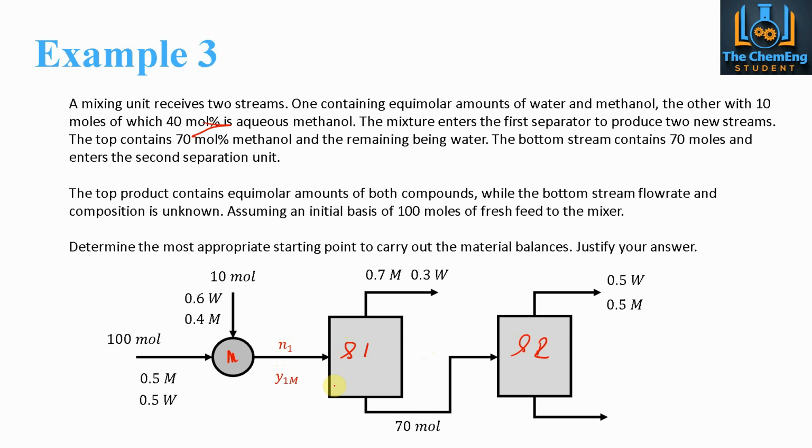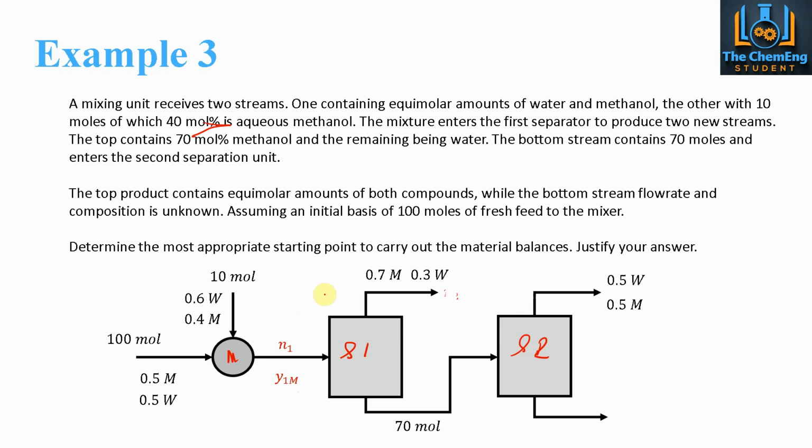Now what we'll do is we'll use a basis of methanol, because we know that for water it would just be 1 minus this. So we'll keep things simple and do it just in terms of the methanol. So what we have here is Y1M, the subscript 1 meaning stream 1 and M standing for methanol.